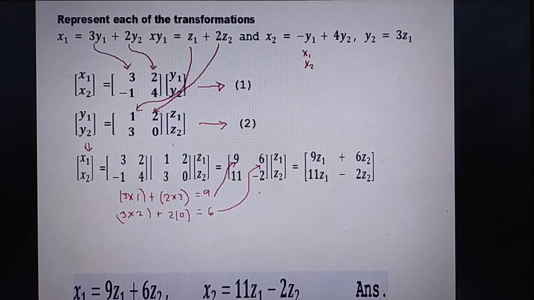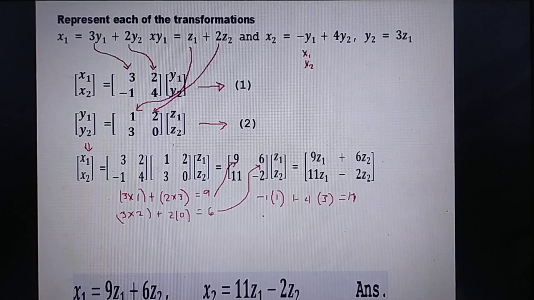Then -1 multiplied by column 1, multiplied by 1 plus 4 multiplied by 3. This is equivalent to 12 minus 1, that is 11.